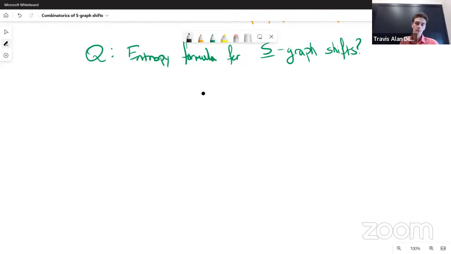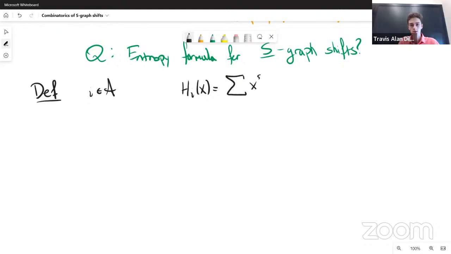So given an S-graph shift, what we're going to do is define a certain power series associated to each letter in the alphabet. So, if i is inside our alphabet, we're going to put h_i(x) as this power series. Very simple. You take each of the elements of your set, S_i, raise x to the power of that element and add them all together.